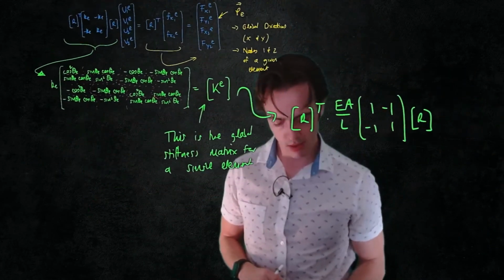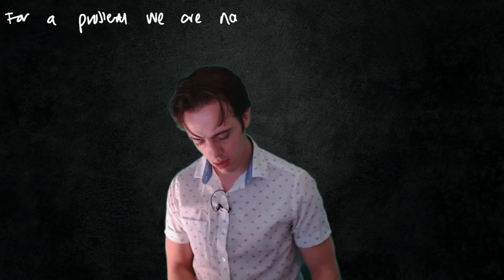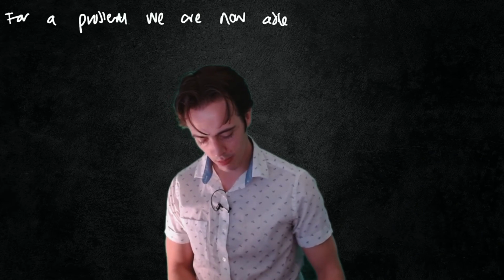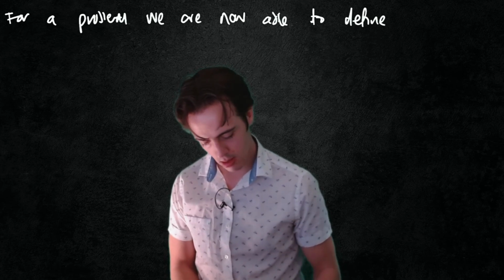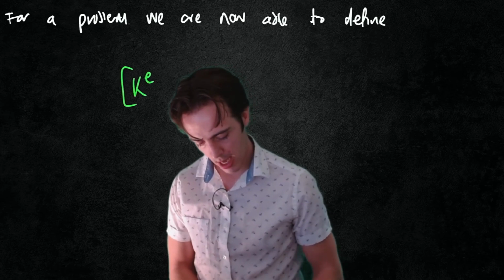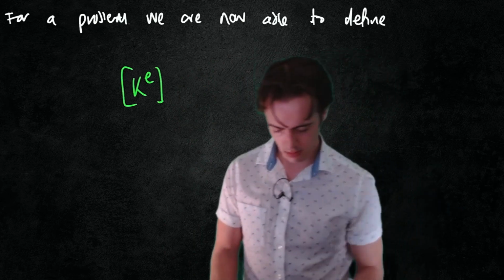So now, for a given problem and a given element, we are now able to define KE for any element for which we know the properties.